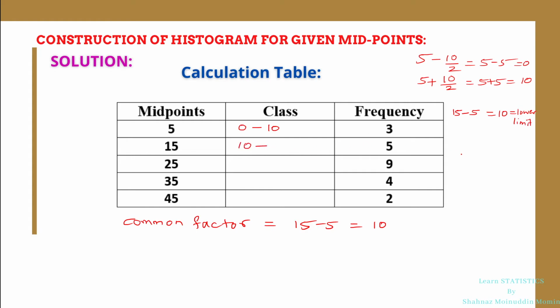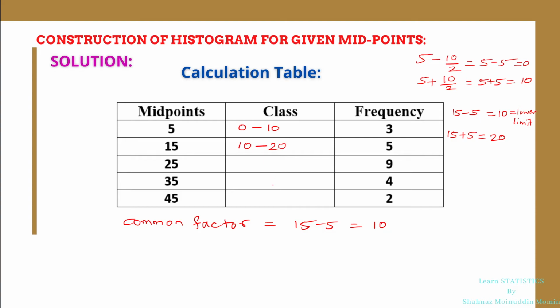And in order to get the upper limit of the second class, add half of the common factor to the midpoint 15, that is 15 plus 5, which is equal to 20. This is the upper limit of the second class.